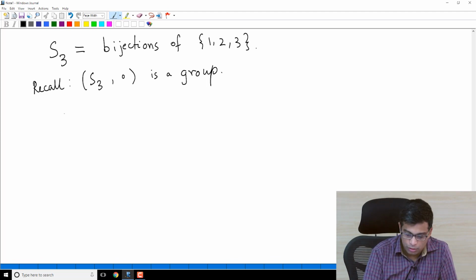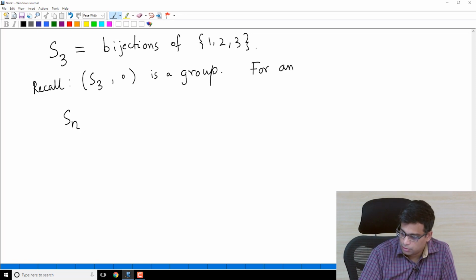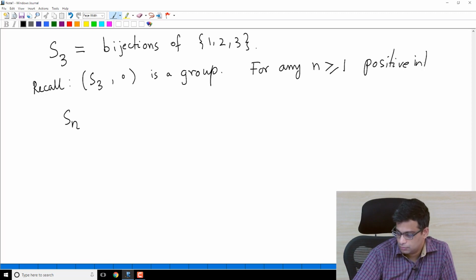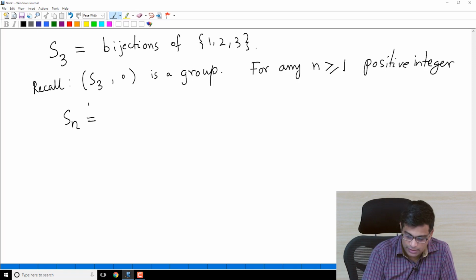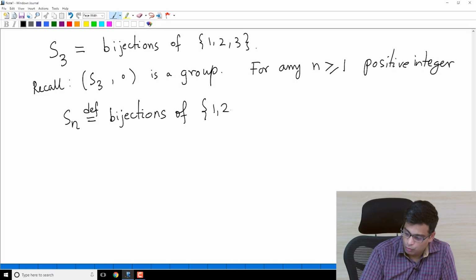So, now I define Sn for any positive integer n. So, n is a positive integer. Sn is, by definition, the set of bijections of the set 1, 2, 3 up to n.